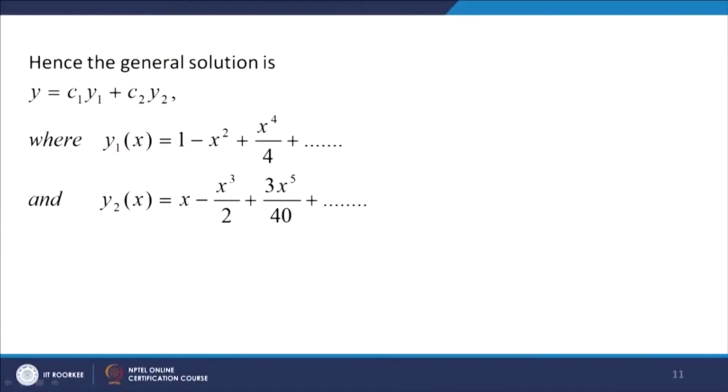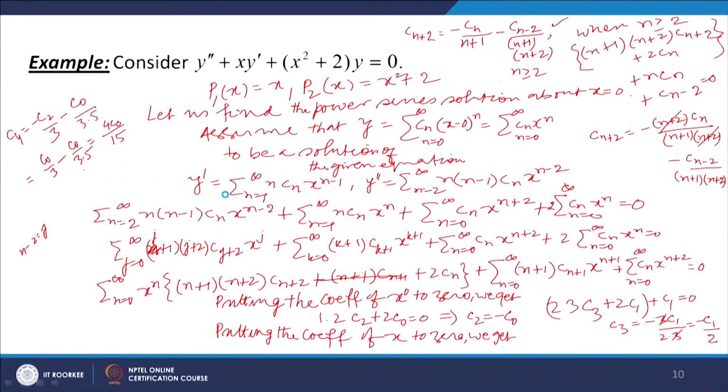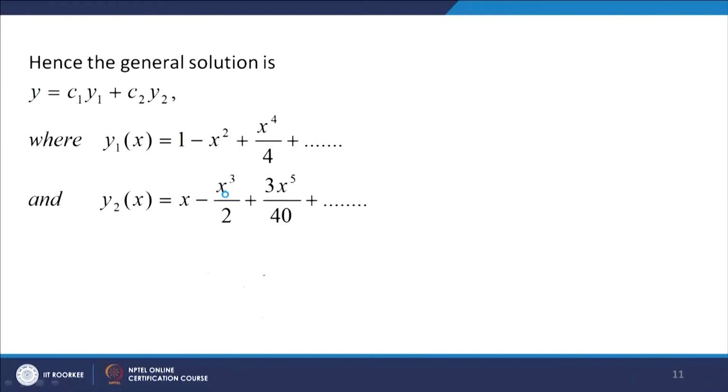Okay. And we will have the following situation. We will have y equal to C0 y1 plus C1 y2, and the coefficient of C0 will come out to be 1 minus x square plus x4 by 4. The other part is x minus x cube by 2 plus 3x to the power 5 by 40 and so on. Here the powers of x are odd, which means these are the coefficients of C1.